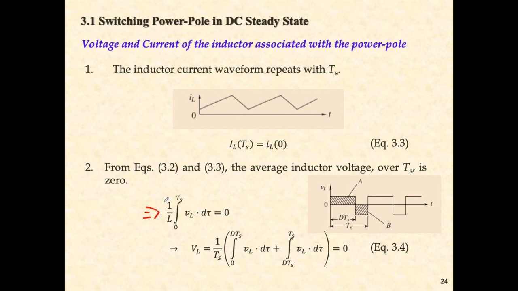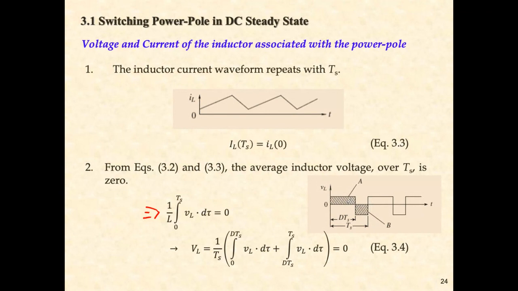Here the integration range is from 0 to the switching period. According to this waveform, no worry now, later you will know how it comes. For this given waveform, one switching period can be divided into two.